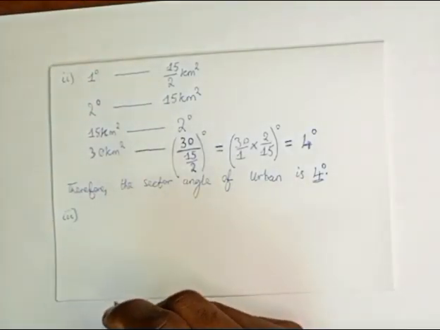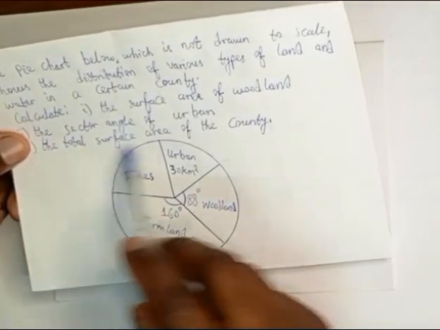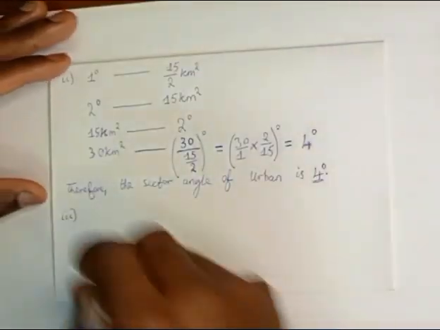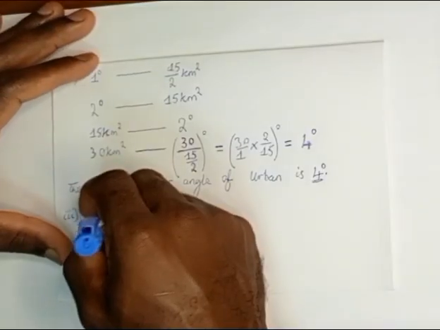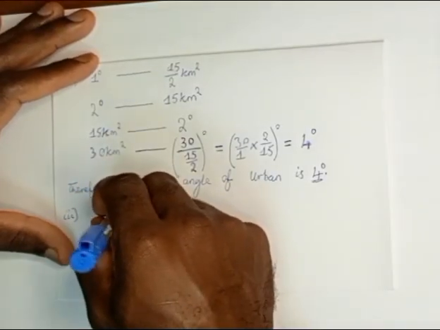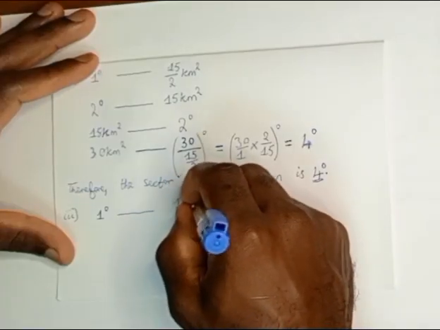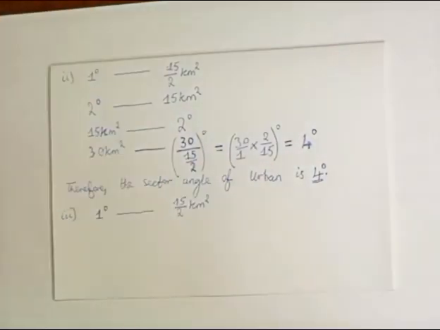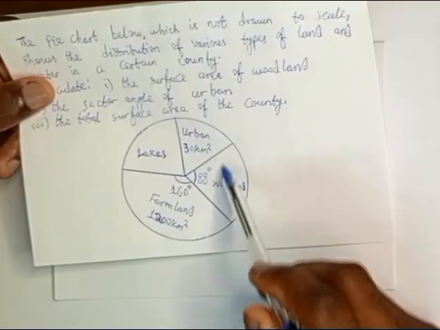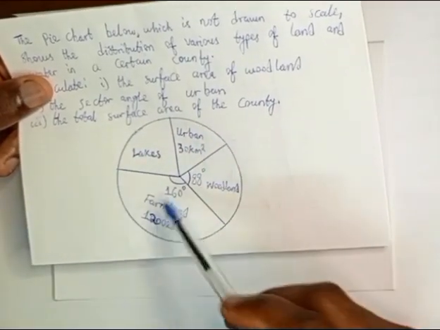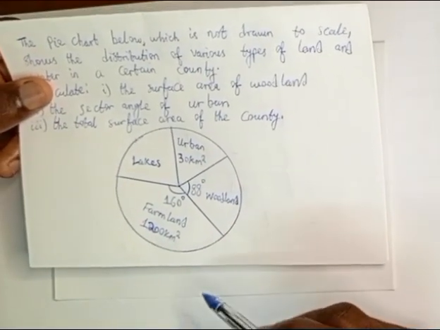We move now to question 3i. Question 3i is asking us to calculate the total surface area of the county. We know that 1 degree represents an area of 15 over 2 kilometers squared. We know that 1 complete circle is equal to 360 degrees.